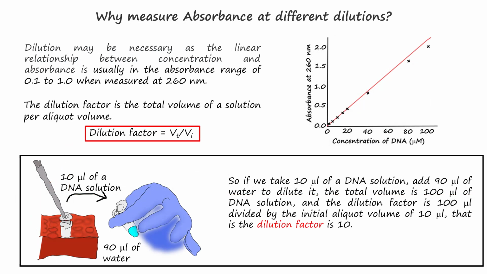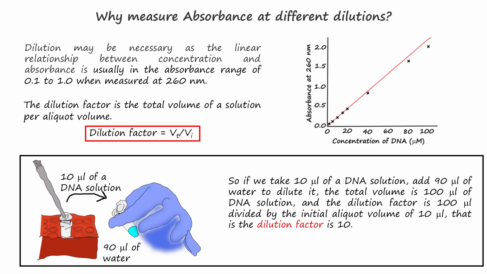Dilution is necessary to ensure the sample absorbance measured at 260 nanometers is within the range of 0.1 to 1, within which there is a linear relationship between concentration and absorbance. The dilution factor is the total volume of solution per aliquot volume.